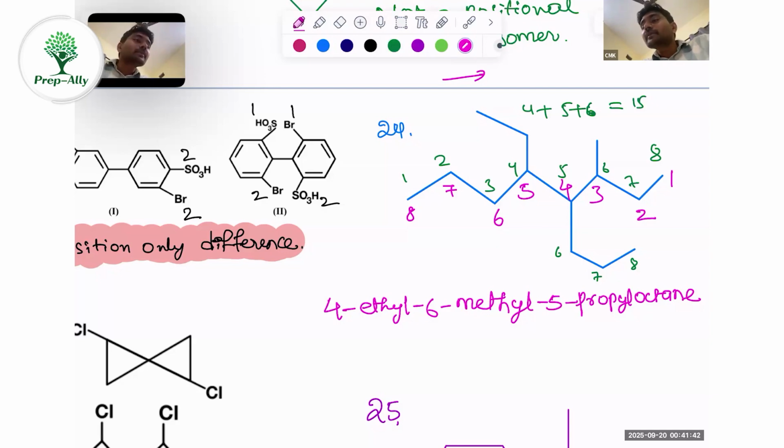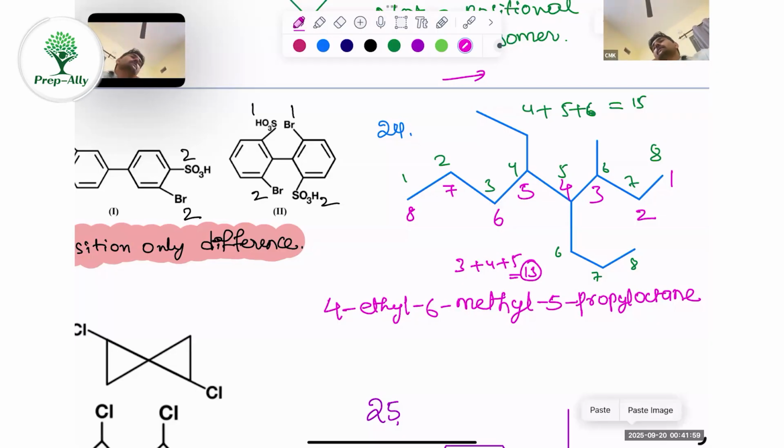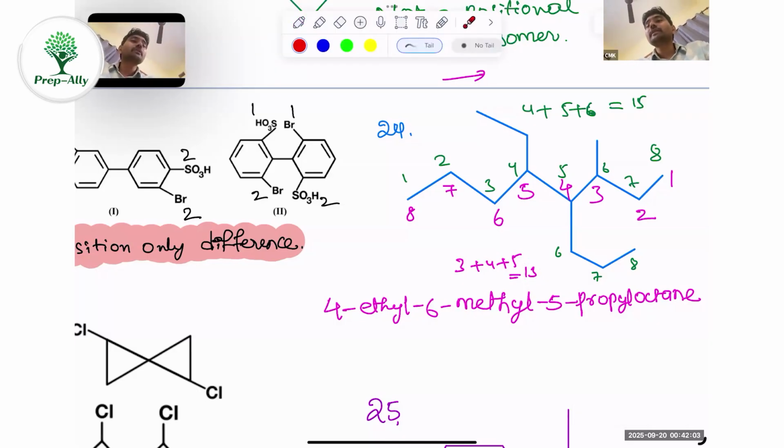Now from right to left, if I take it, 3 plus 4 plus 5. What's the value? 8 plus 5, 13. So the value is lower. Substituents should always have the lowest numbers. So that's why we count it from right to left.